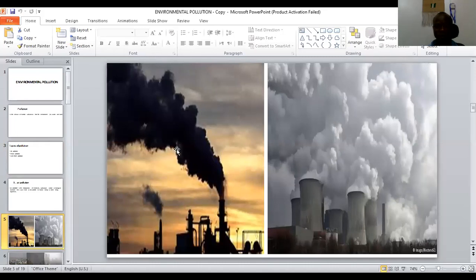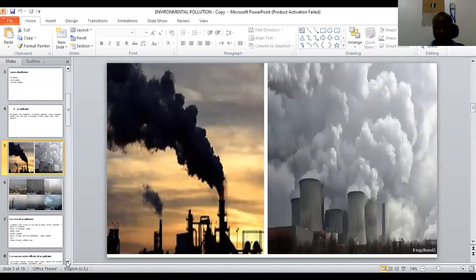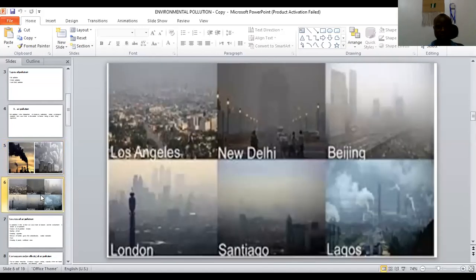It's smoke from industrial areas polluting the environment. See more here from New Delhi, Los Angeles, London, Santiago, Beijing, and then Lagos.